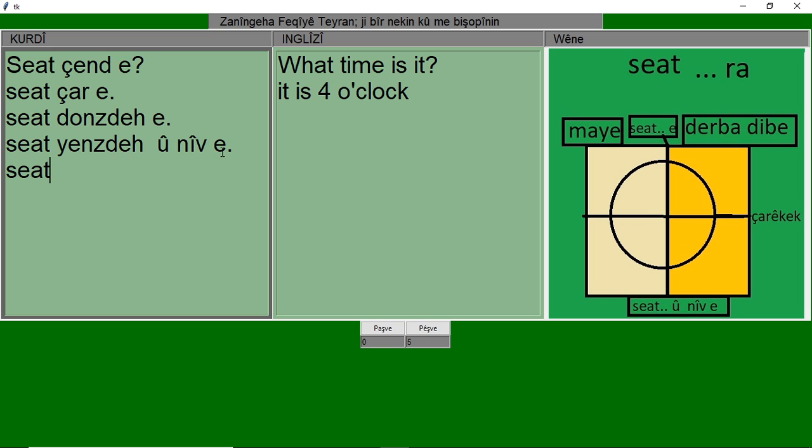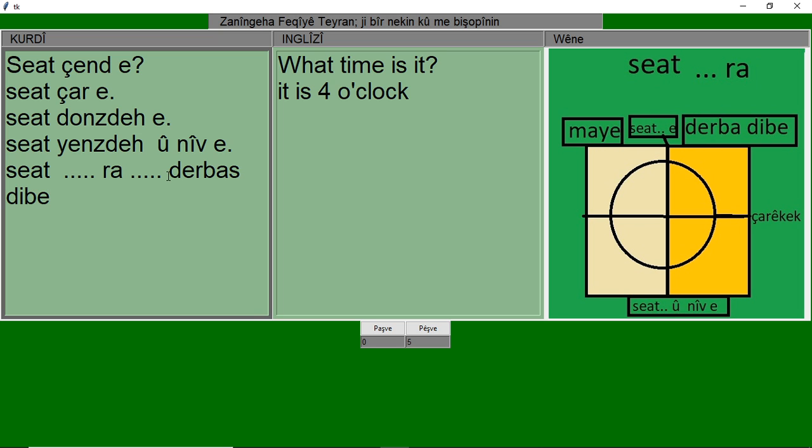When you are going to tell about both of these, you put saat for all of them. Of course, it is time. It was a stupid thing I said, but it's okay. You say saat. After this, you will say something saat, something ra, something derbas debe.